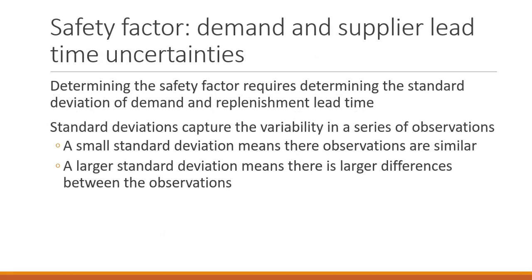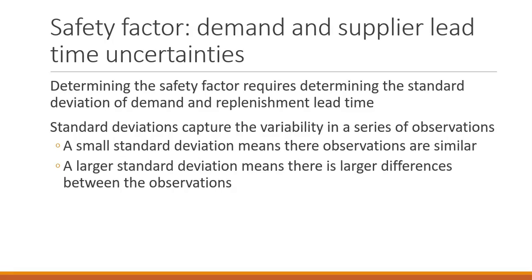Trying to determine what exactly that safety factor is requires determining the standard deviation of demand and replenishment lead time. Standard deviations, or z-scores, if you remember statistics, capture the variability in a series of observations.